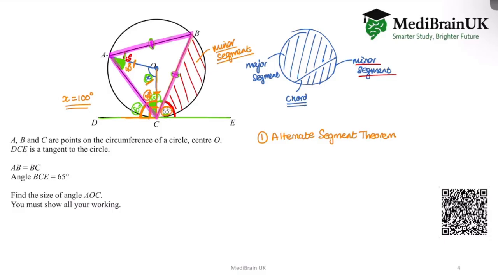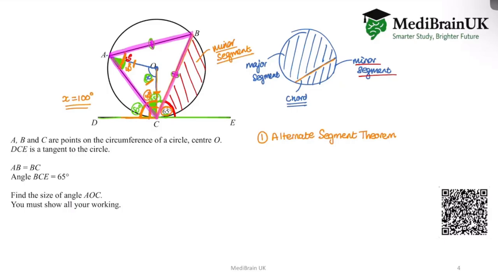The angle which is opposite it in the other segment across the chord, remember this line over here is the chord, that's going to be 65 degrees. So we saw that this whole angle that we had over here was 65 degrees.